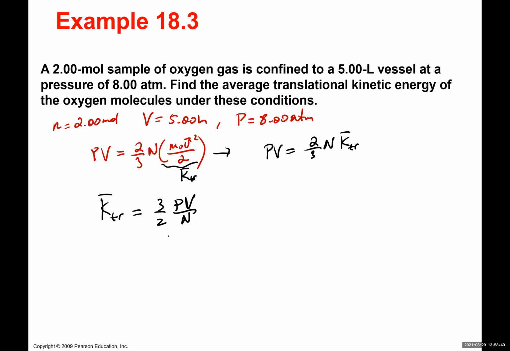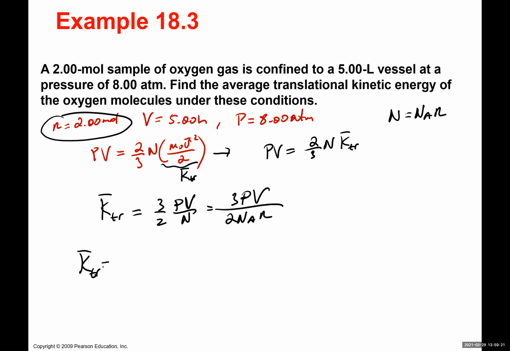Now N is the total number of molecules, but I'm given the number of moles. They're related: the total number of molecules is the Avogadro number times the number of moles. So I can say it's 3 PV over 2 times the Avogadro number times the number of moles. I have everything I need to calculate it.